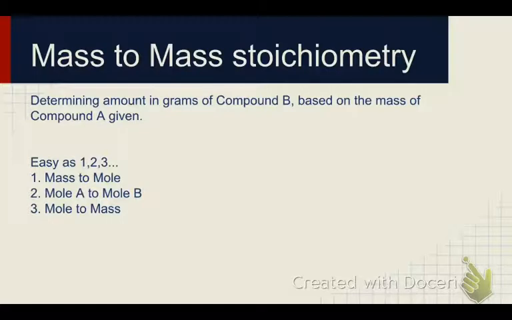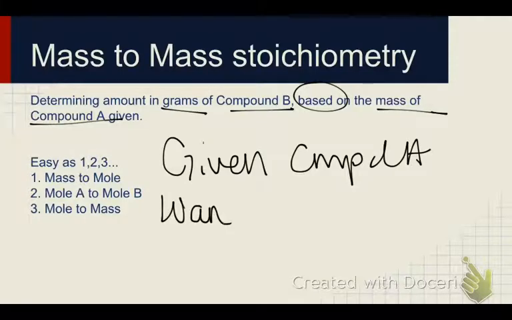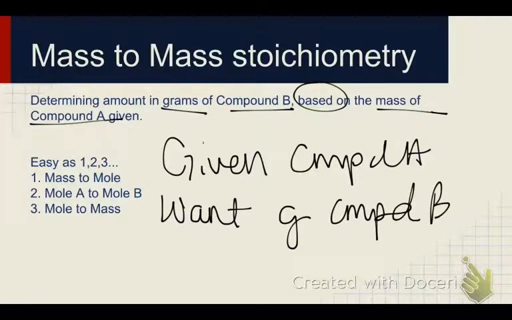I'm going to say determine the amount of grams of compound B based on the mass of compound A. So my given is compound A and my want is grams of compound B, every time. Now, we learned 3 easy steps in order to go between mass of compound A to mass of compound B. It's mass to mole, mole A to mole B, and then mole to mass.